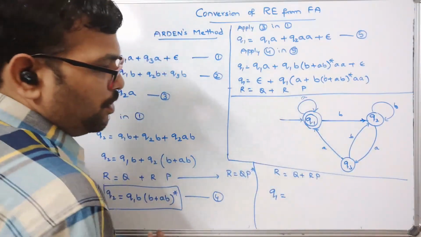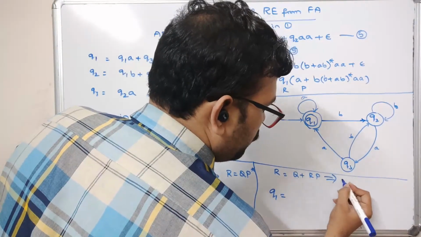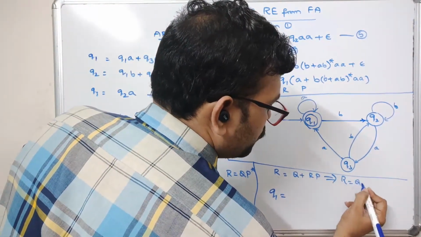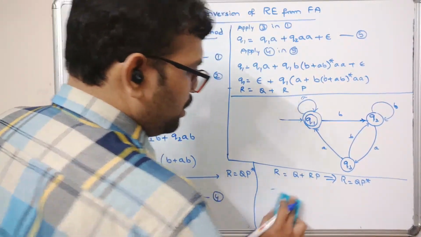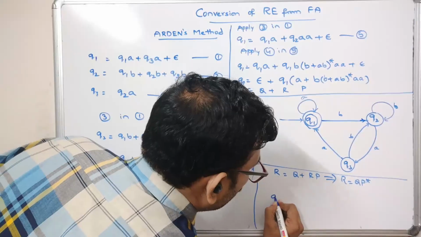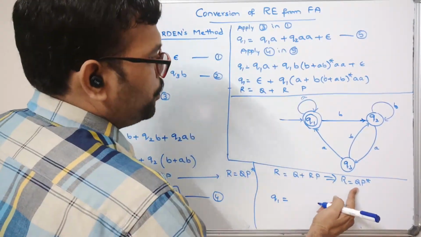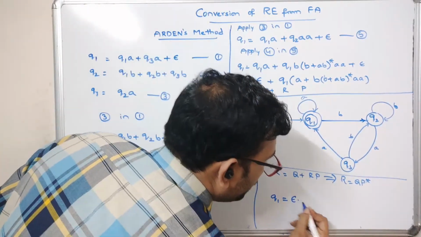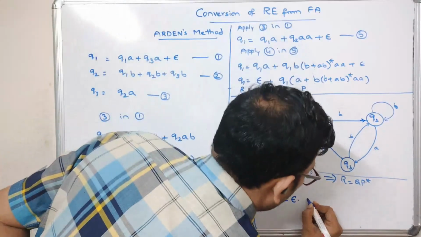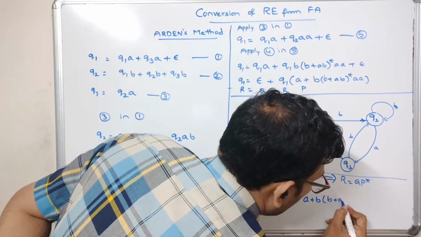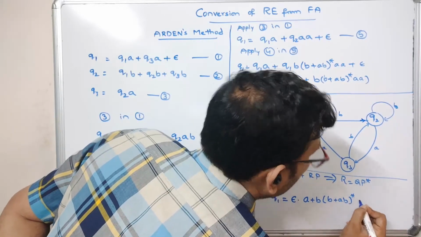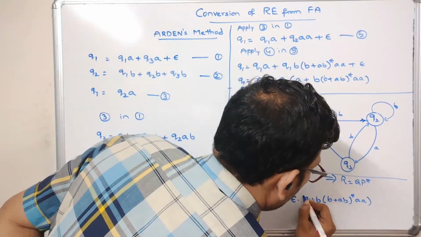Right? So what we have to do is replace it with R is equal to QP star. So what is QP star here? Q1 is equal to Q, where Q means epsilon, into P, so A plus B into B plus AB star AA whole star.